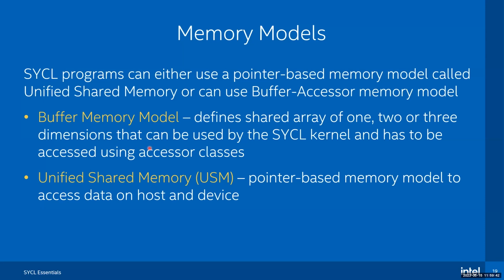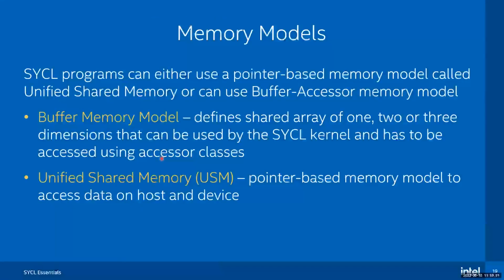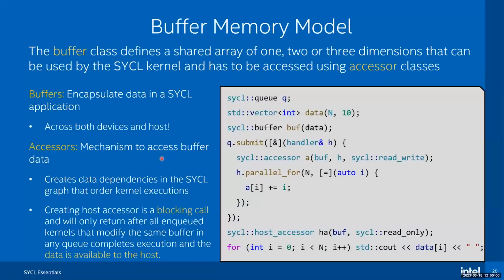You will be able to accomplish the same functionality using either of the 2 memory models, right? Same thing with performance. You will get almost the same performance whether you choose buffer or unified shared memory. It's just that the programming style is different. So just to look at the comparison between the buffer model and the unified shared memory model, let's look at these 2 examples here.